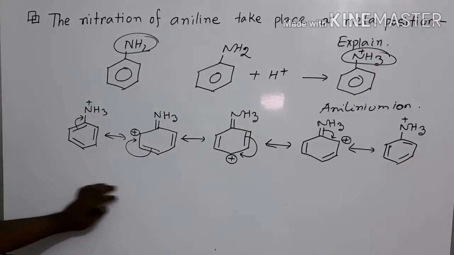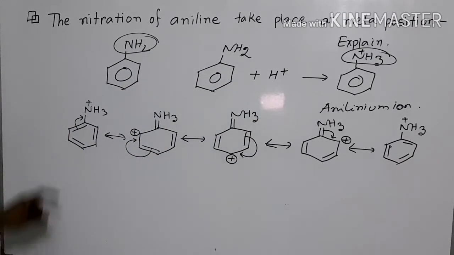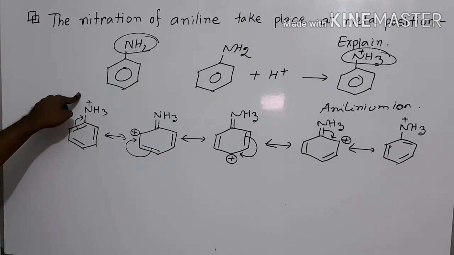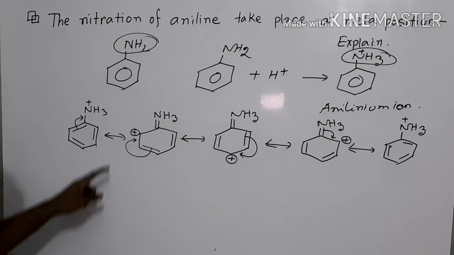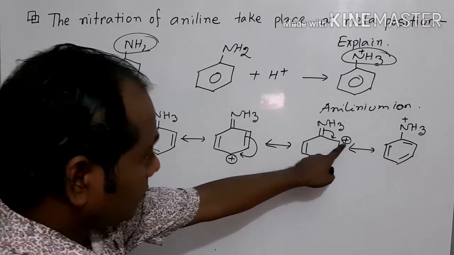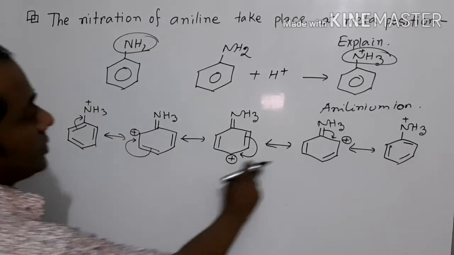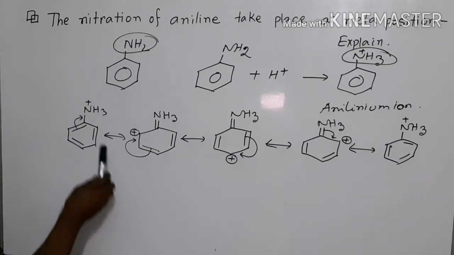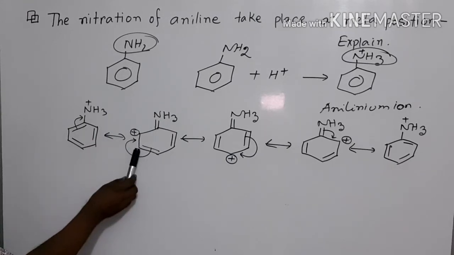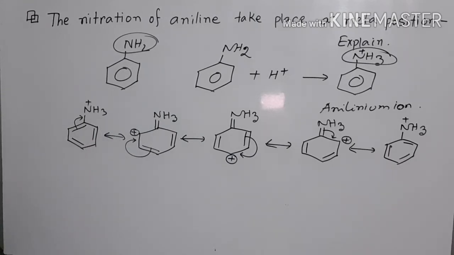If we see the resonance structures, we see that by the presence of NH3 plus ion, the electron density of ortho-para position, this one is ortho position, decreases. That's why this one is a meta directing group, and for this reason we get meta product from nitration.